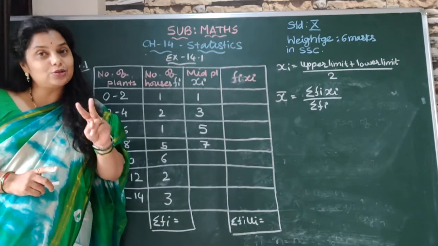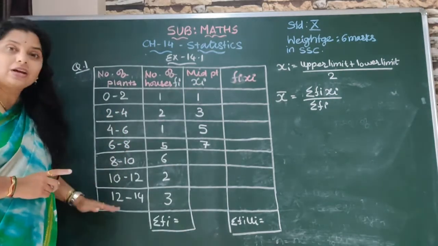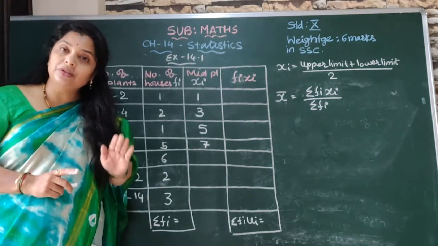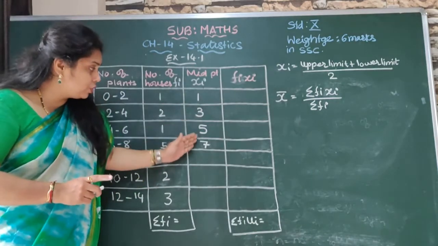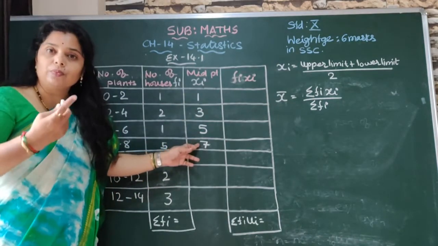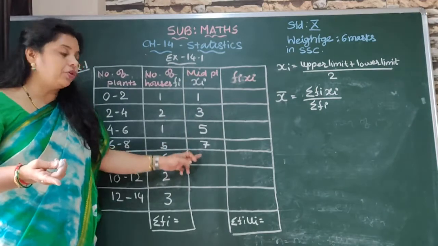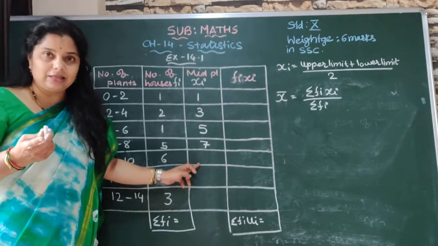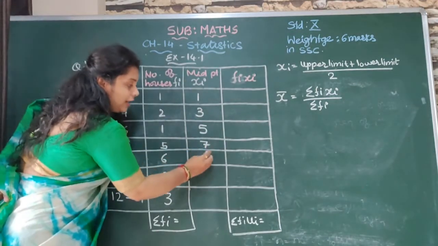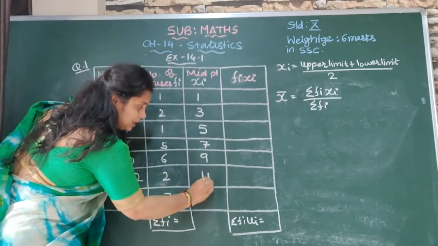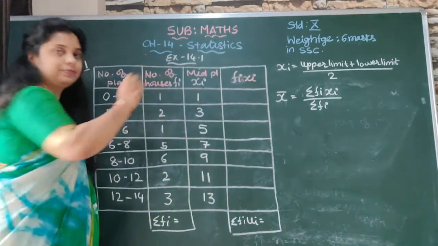The class length is 2 for each class. Are you getting me? So without calculation, if you just go on adding 2, we will get the midpoint of the next class. Is it clear? Okay. Now if we add 2, here we get 9, here it is 11, here it is 13.